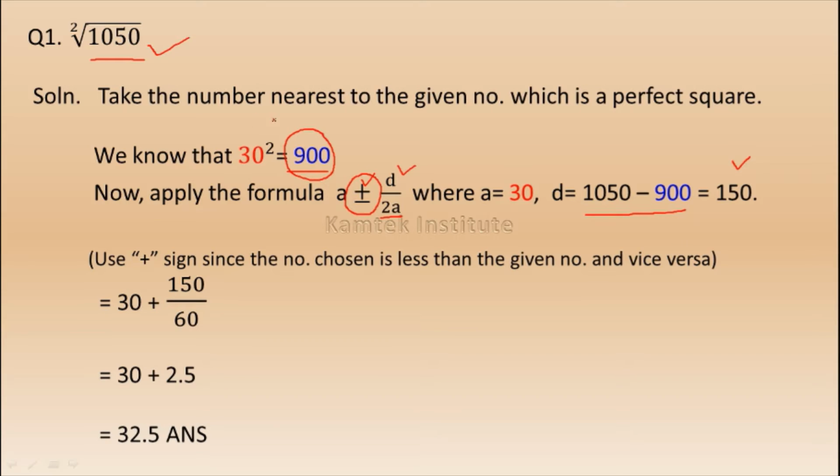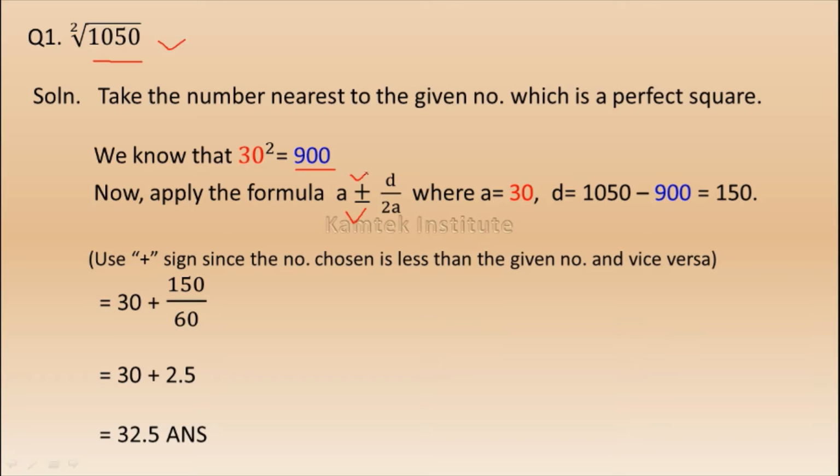Had I chosen a perfect square number greater than 1050, supposing I had taken 1225, which is a perfect square number with the square root of 35, then I would have chosen a minus sign, because that number was greater than 1050. But since 900 is lesser than 1050, we'll take a plus sign.